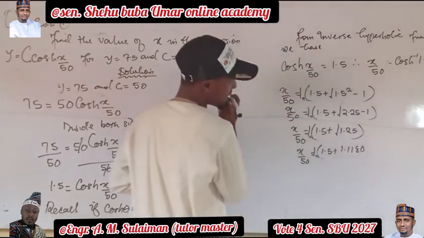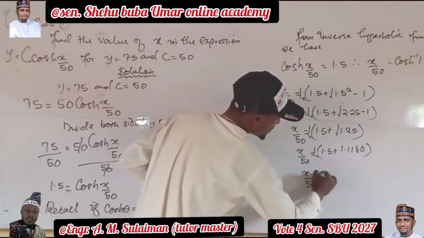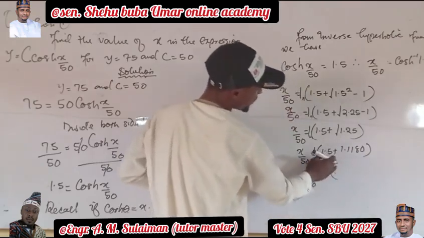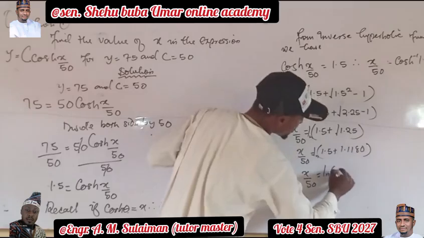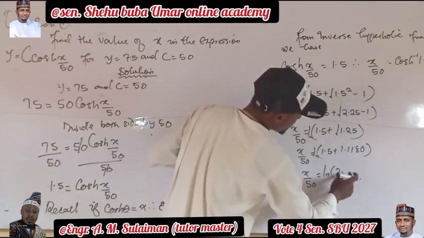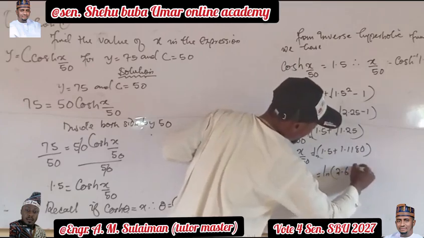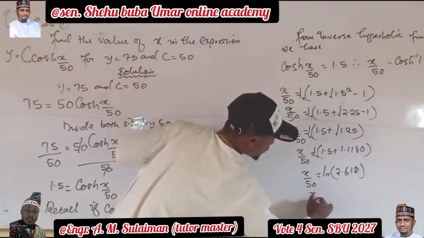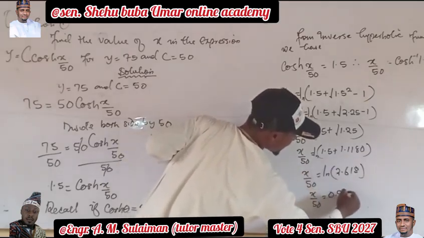So 1.5 plus 1.1180 is 2.618. Therefore, x all over 50 is ln of 2.618, which is 0.98.